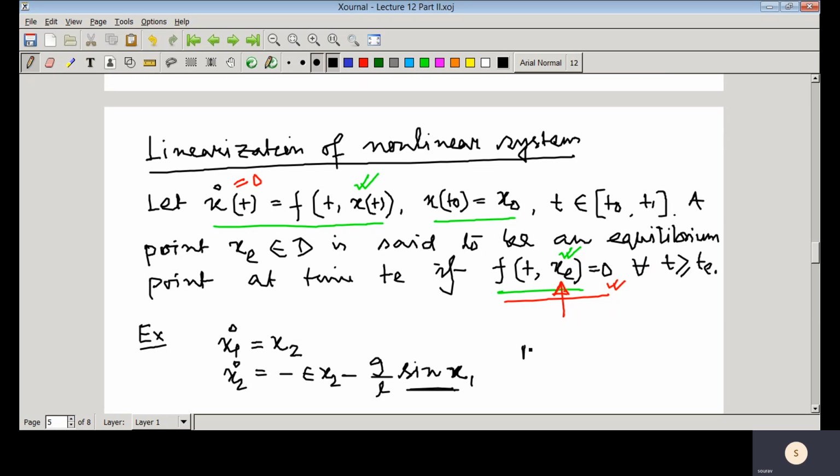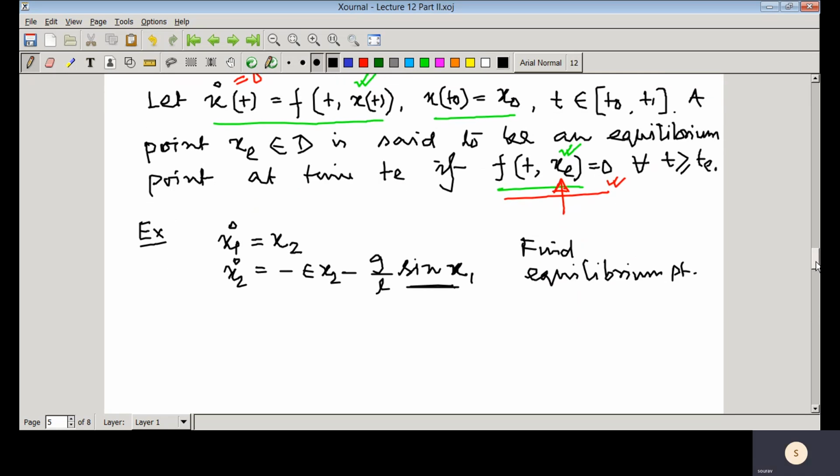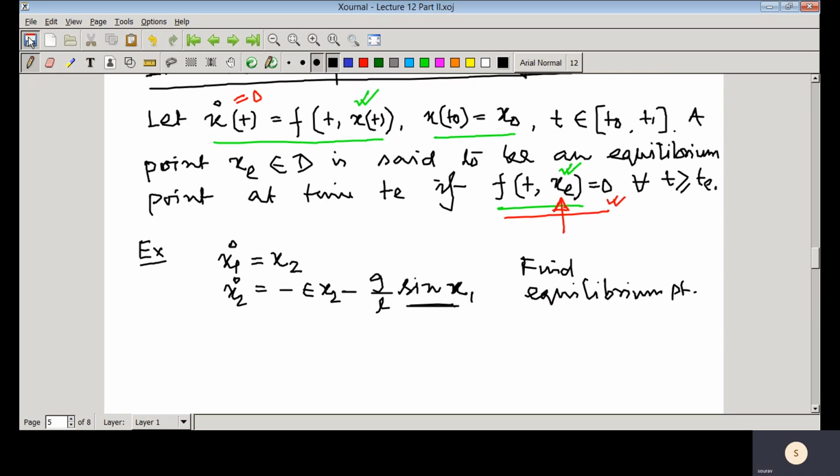Find the equilibrium points. How will we find them? From the definition, at the equilibrium point x1 dot and x2 dot would be equal to 0. So x1 dot equal to 0 means x2 would be equal to 0, and x2 dot equal to 0 means minus epsilon x2 minus g by L sin x1 is equal to 0.